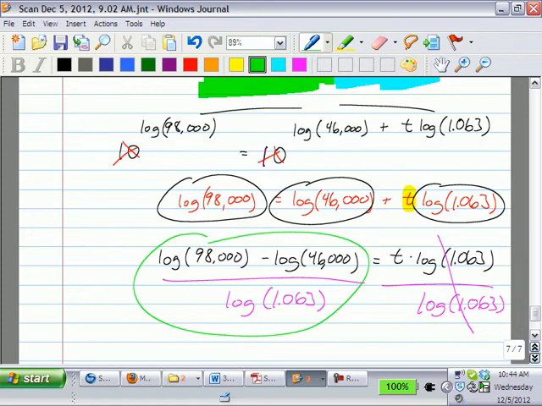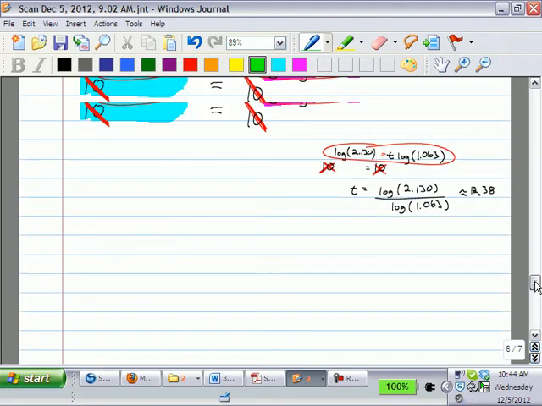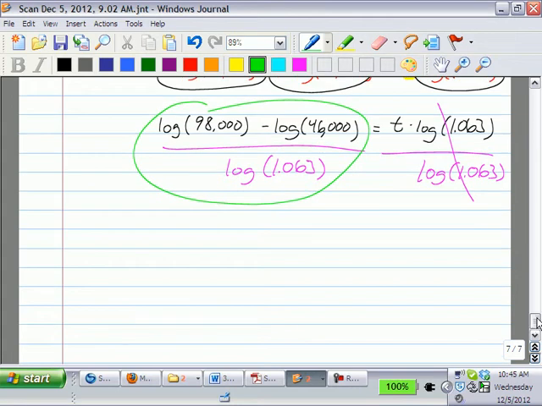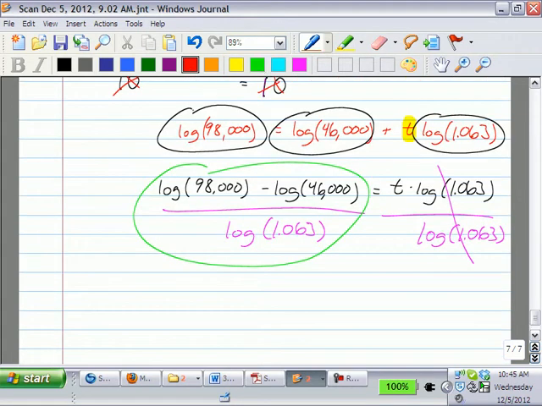I want you to grab a calculator and see what you get. When we worked it the other way, you guys came up with 12.38. If you're going to do this in one step in your calculator, make sure you put the entire numerator in parentheses here. Verify that you get the same answer.